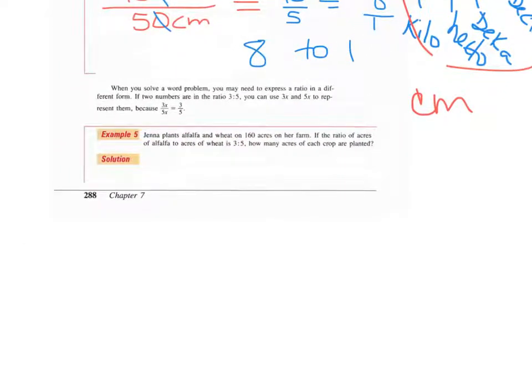So notice here it says that Jenna plants alfalfa and wheat on 160 acres on her farm. If the ratio of acres of alfalfa to acres of wheat is 3 to 5, how many acres of each crop are planted? So whenever they give you a ratio in a word problem, what we can do is add a variable to each one of the numbers in the ratio.